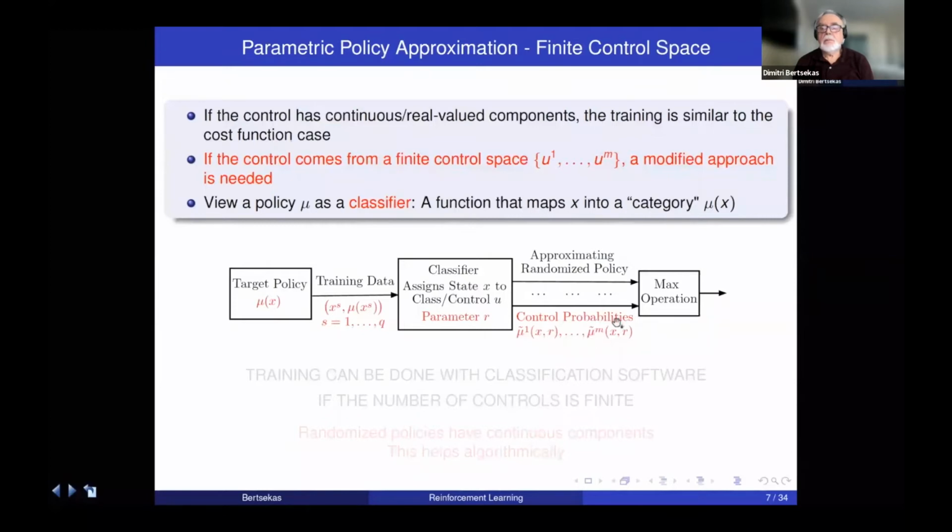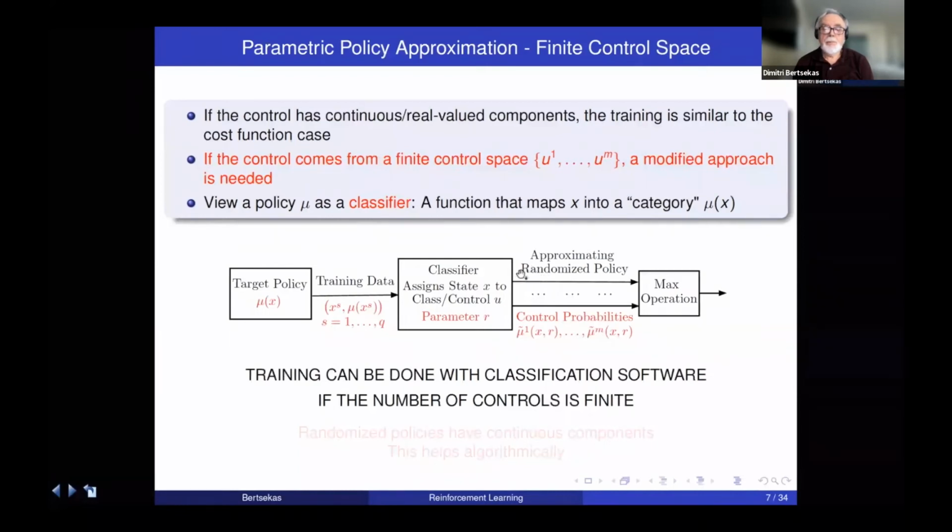Once you have a probability distribution, you can obtain a single control by using a max operation. In other words, you assign to state x a control that has the maximum probability out of the probability distribution produced by the classifier.